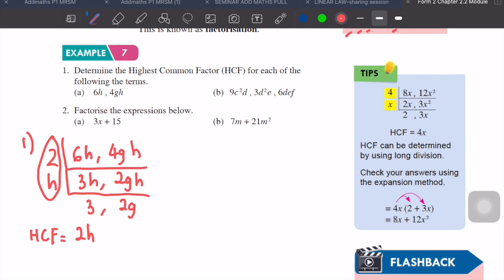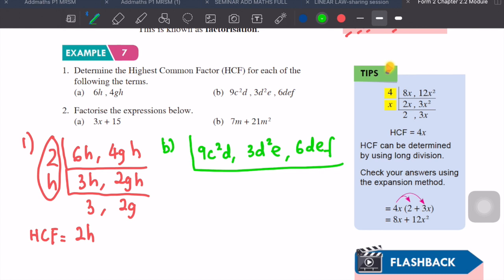Okay, and then we try B. Okay, B. Okay, you have 9C squared D, 3D squared E, 6DEF. Okay, try to divide. Okay, look, you have 9, 3, 6. All of those numbers can be divided by 3.